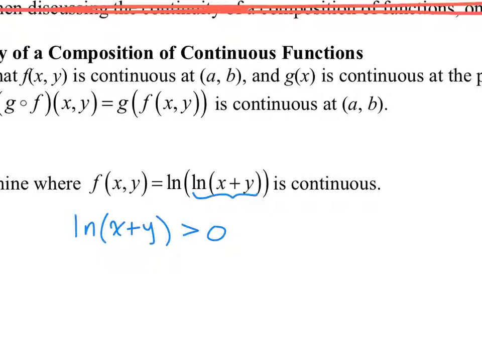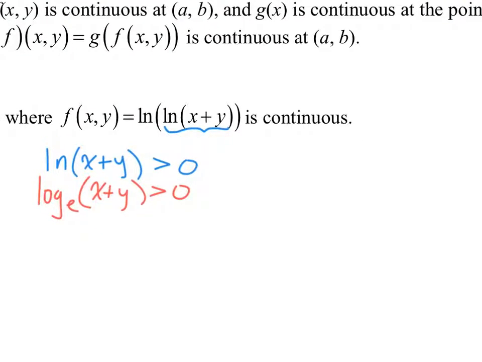So whatever the result of the natural log of x plus y is, that itself has to be bigger than 0. What I'd like to do is get a clean relationship out of this. So I'll rewrite it as the log base e of x plus y greater than 0. Convert e to the 0th.